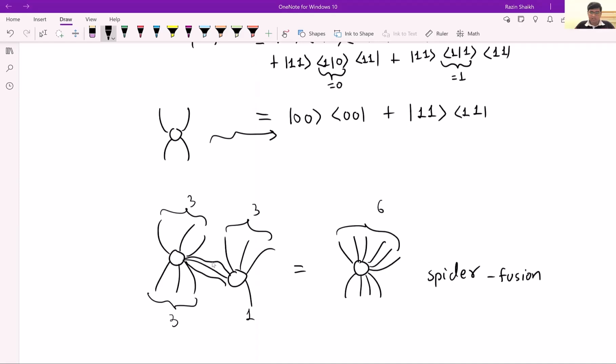And for the input, is it necessary that we should have a basis state there, or is this an example you use? Sorry, I didn't catch that. Can you repeat? You put 0, 0 and 1, 1. I'm asking if that is always the case, or this is just an example for the input.